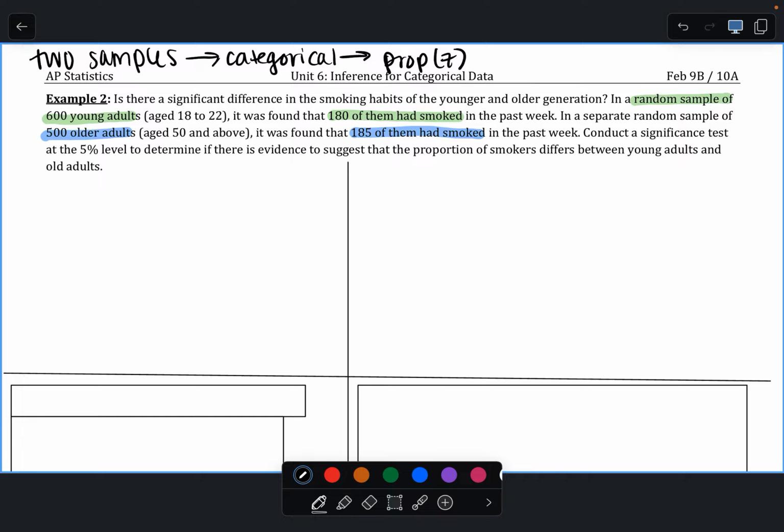Proportions, Z. And so when I read the question, I'm going in to see, am I doing a confidence interval? Am I doing a significance test? If you see the words, is there convincing evidence, or is there a significant difference, or is there significant evidence, or the question goes on to tell you, conduct a significance test, you are doing a significance hypothesis test.